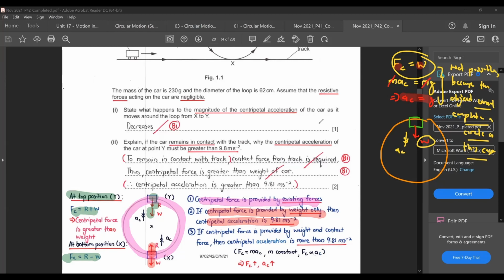If the object is able to complete a circle, it will experience a reaction force from the track.